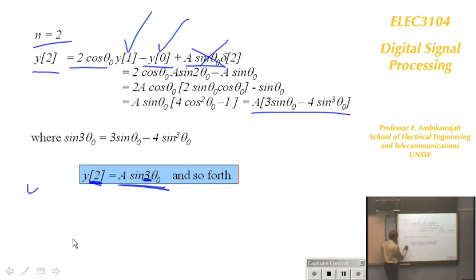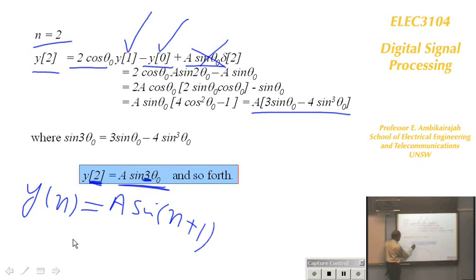So eventually you're going to have y of n equal to a sine (n plus 1) theta naught, because every time you've got 2 here, you get a 3. If you've got a 1, you get a 0. That's what you have to prove, and that's what you're done. And so on. You just write that down.